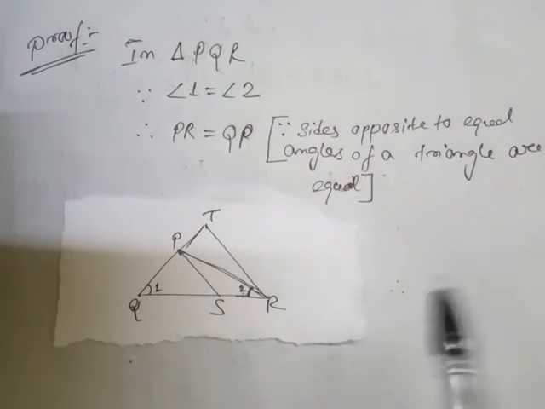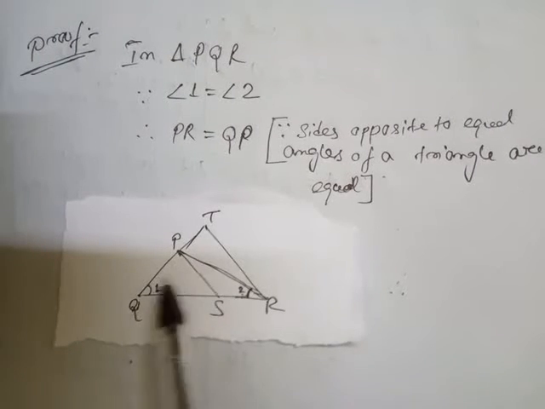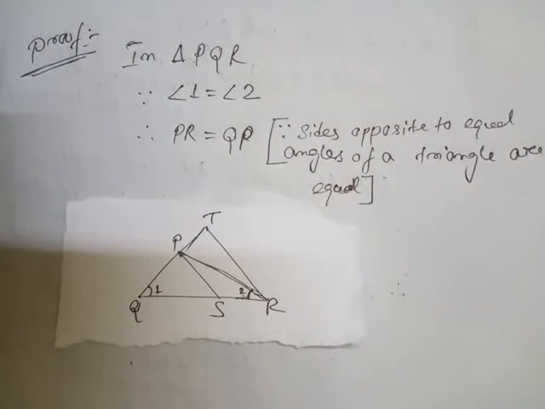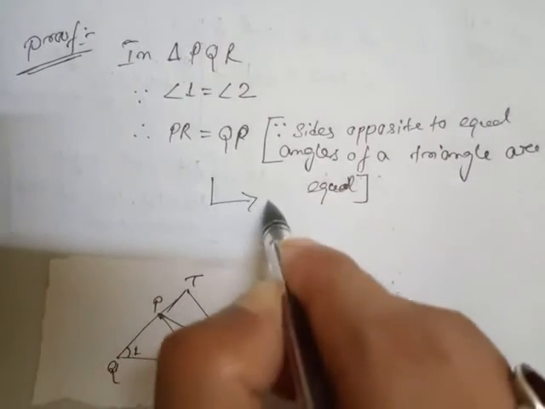Two angles are equal, so the opposite two sides are also equal. So this is our equation number 1.